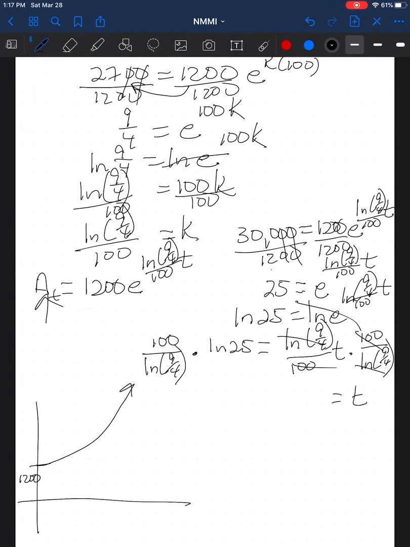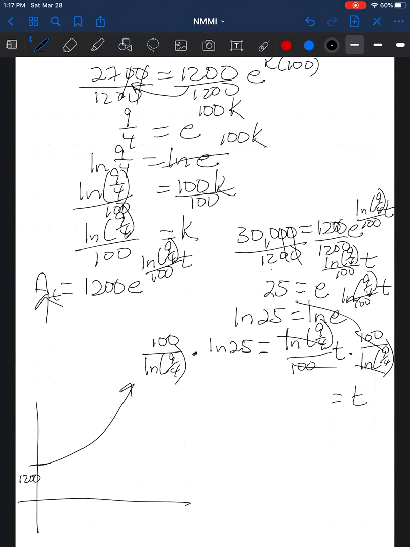If you have your calculators, I'll walk you through it. I'm going to put parentheses, ln 25, close the parentheses, close it again, times 100. Actually, I'm going to take that 1 out.